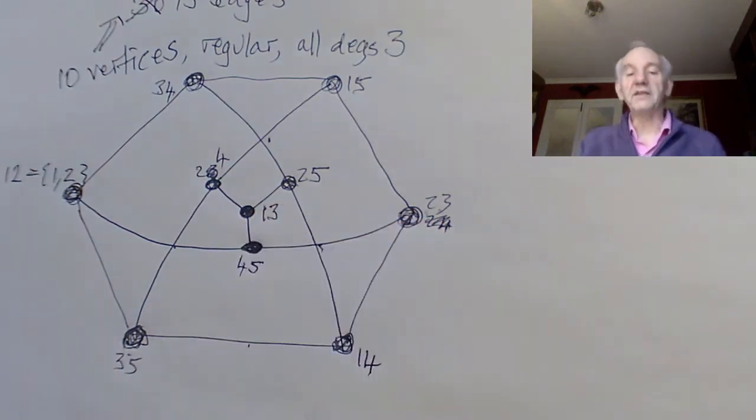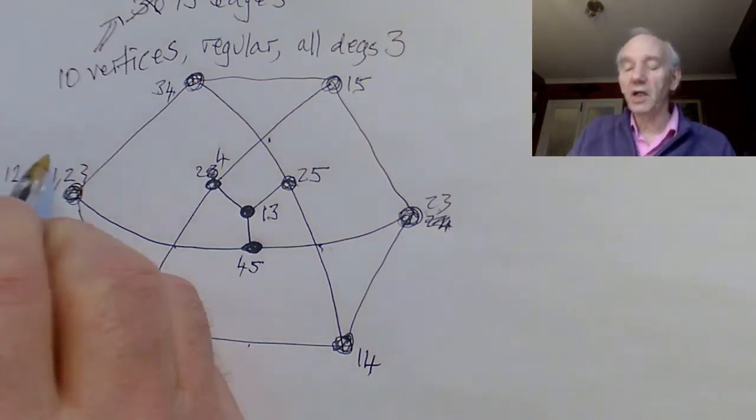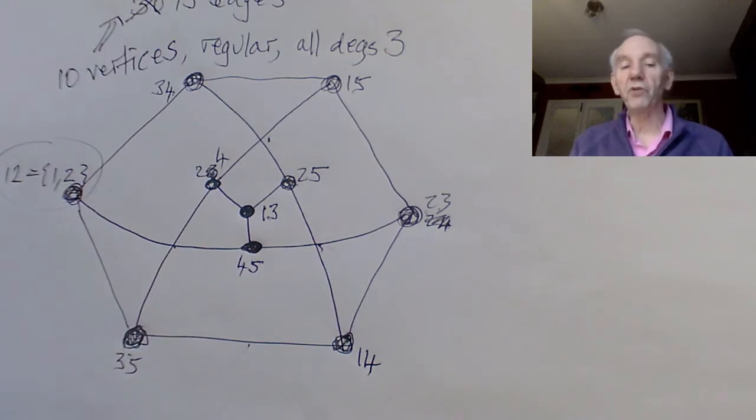Okay, so what I've done here is I've labelled the 10 vertices consistent with the rule that defines the Petersen graph. Namely, each vertex of the Petersen graph corresponds to a subset of 2 elements. And the rule is that two vertices are joined by an edge if and only if the subsets do not intersect.